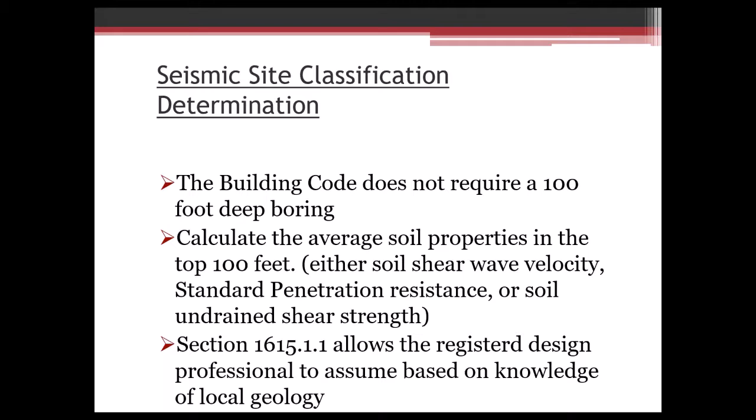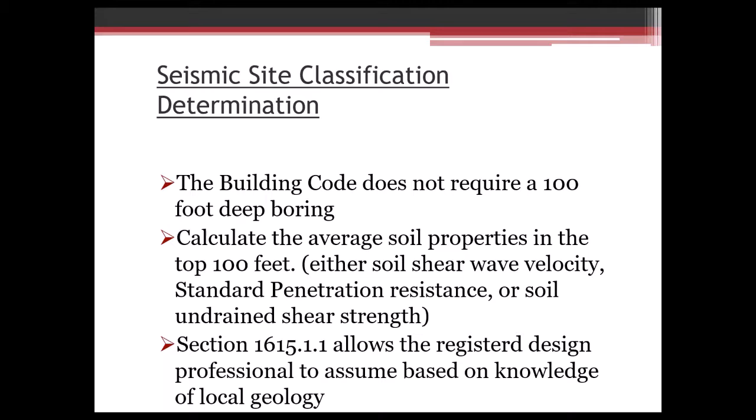So we can use that knowledge to allow us to shorten up borings. We also know that if we hit very dense soils, we're able to lessen the depth of the borings as well, saving some cost and time when we're doing the investigation program.